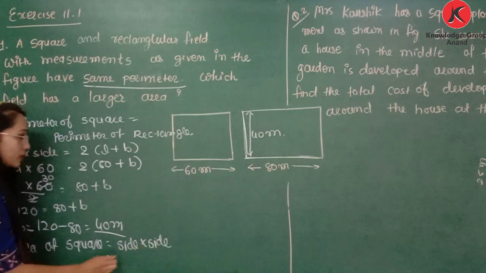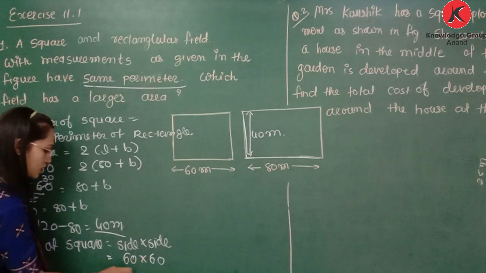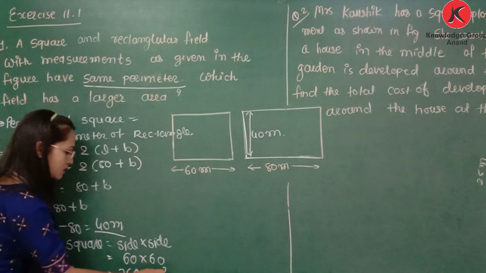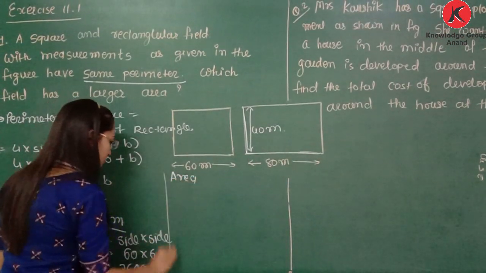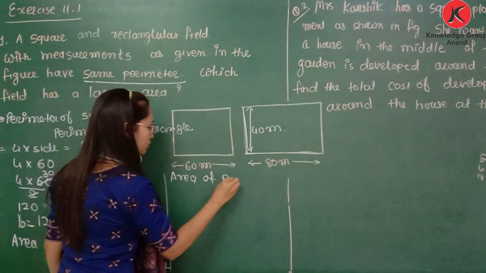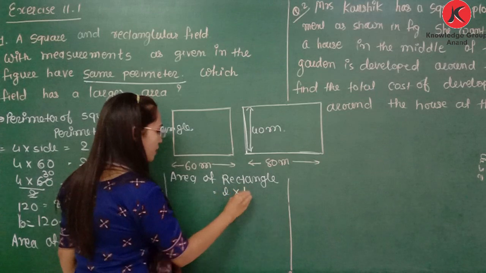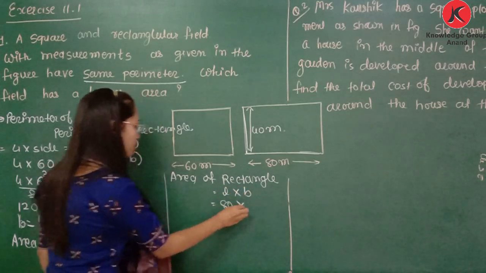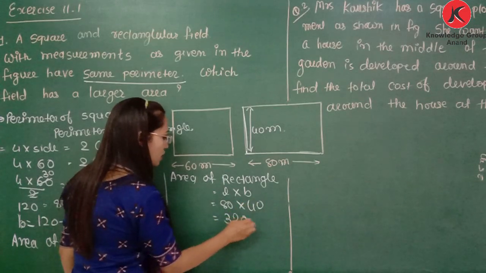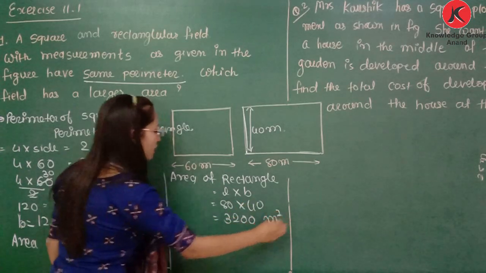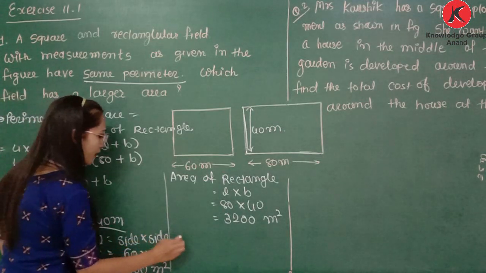Here in the figure it is given 60, so that is 3600 meters squared. Now the area of the rectangle is L multiplied by B. The length is given as 80 and for B we got the value 40, so it is 3200 meters squared. So which encloses more area? The square encloses more area. So we can write that.